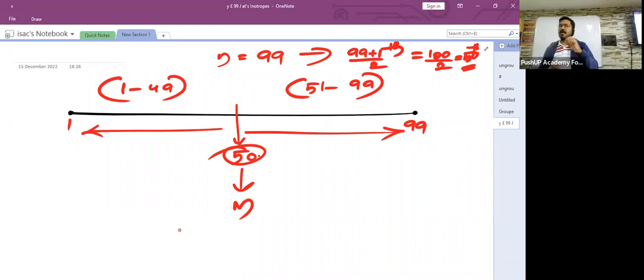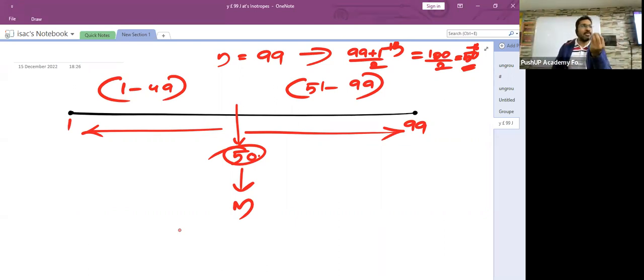Now we were discussing lower quartile and upper quartile. What is the formula, children? N plus 1 divided by 4 it was. N plus 1 divided by 4. You know what it actually means? They are just asking you what will be that value which will be 1/4 of the entire number of observations.